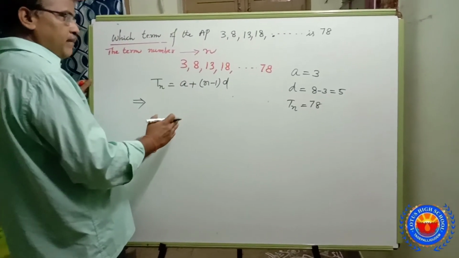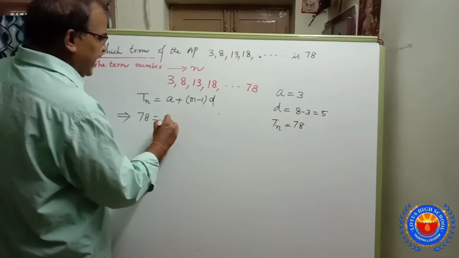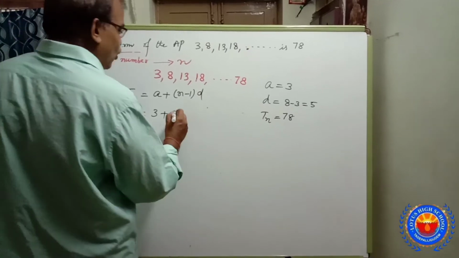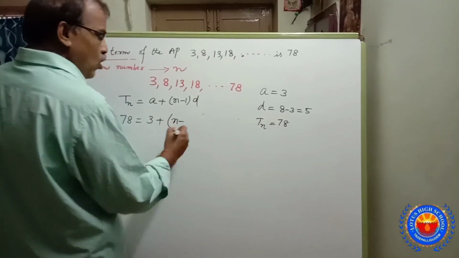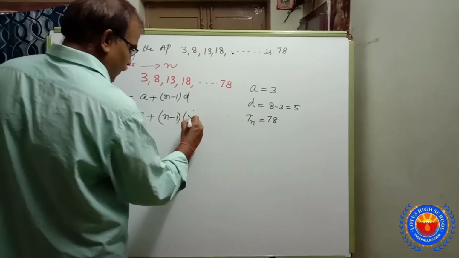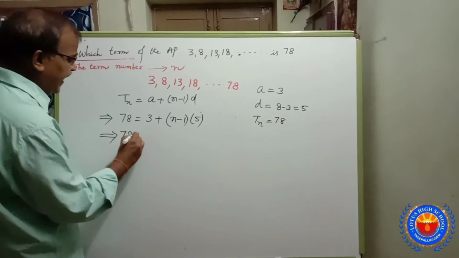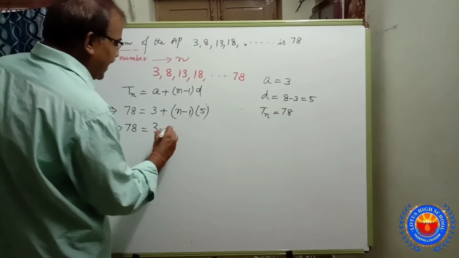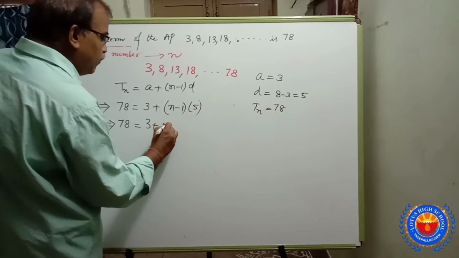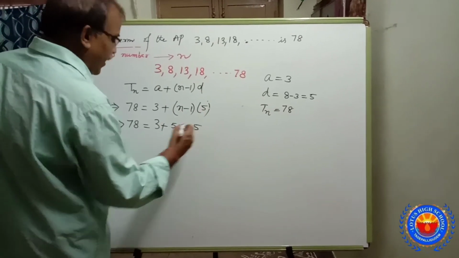Tn is equal to a plus n minus 1 into d. This is 78 is equal to a which is 3, plus n unknown, minus 1, d which is 5. That implies 78 is equal to 3 plus, by the distributive property, n into 5, that is 5n, minus 1 into 5, minus 5.